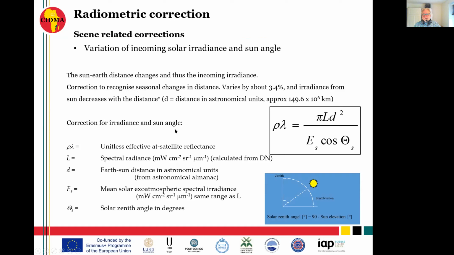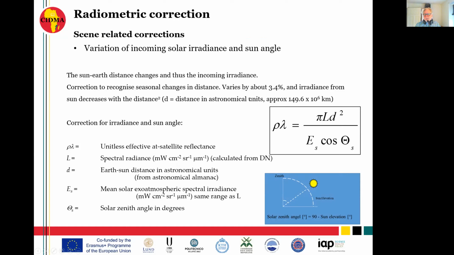And we know that the Earth revolves around the sun, not in a circular mode, but in a more elliptic mode. In some parts, the Earth is further away from the sun compared to other positions during a year.